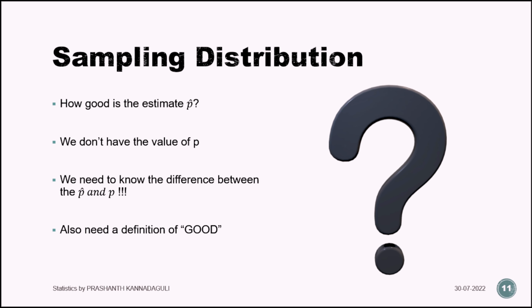That's the first one. In order to make a decision for the whole constituency, I need the actual vote share. The actual vote share is denoted by P. We don't have the value of that. So that's one thing.